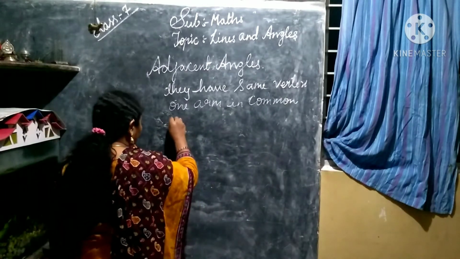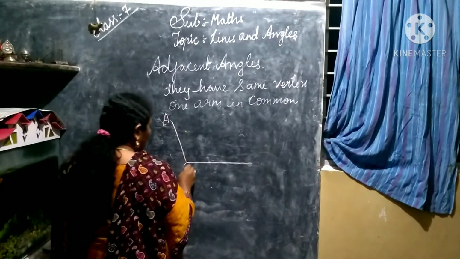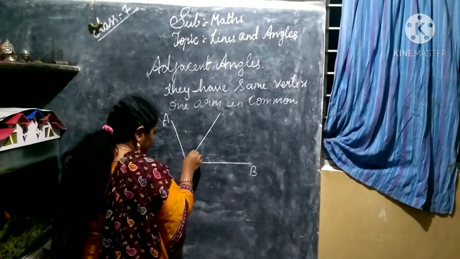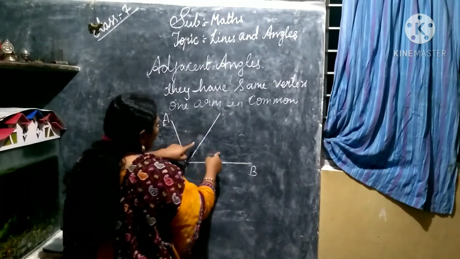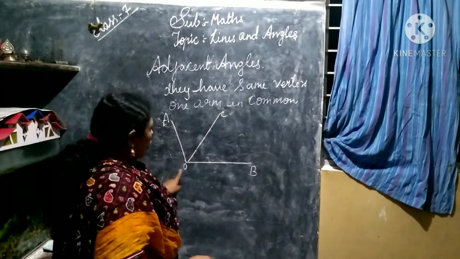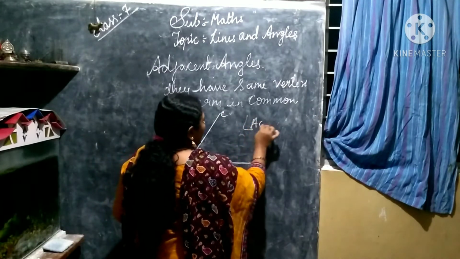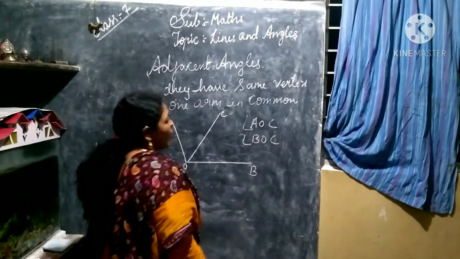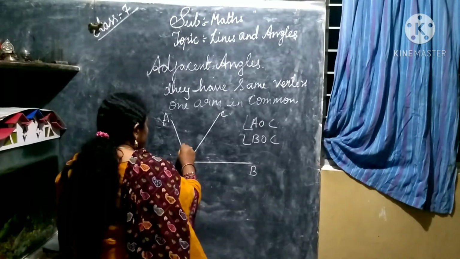Let me draw one here. Here this is A, O, B, and if we draw one arm here, C, then we say these two angles, angle AOC and angle BOC, are adjacent angles. Why are they adjacent angles?